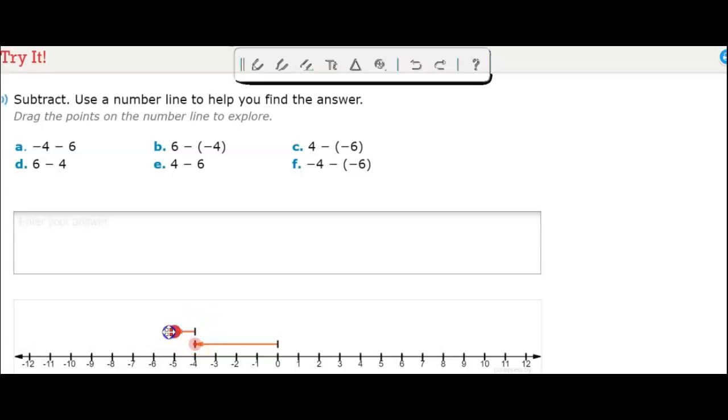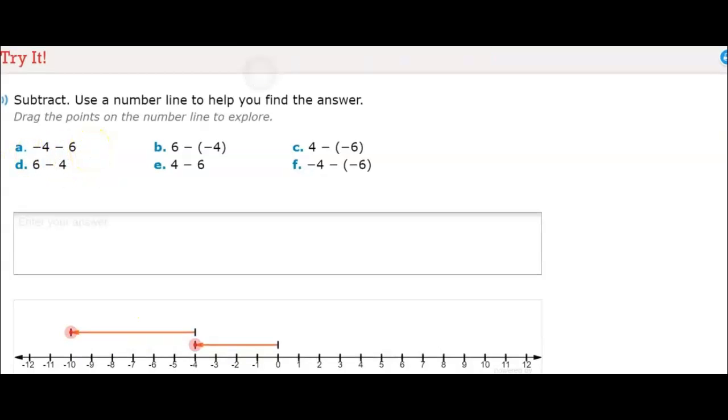So I'm going to move the second arrow 6 spaces. 1, 2, 3, 4, 5, 6. And so my answer for A would be -10.